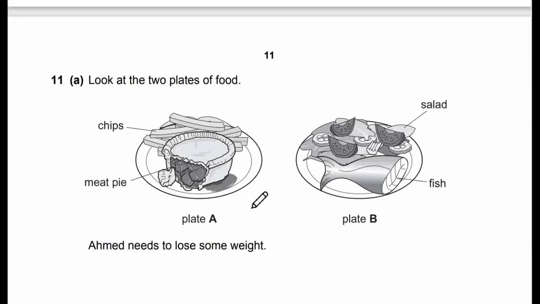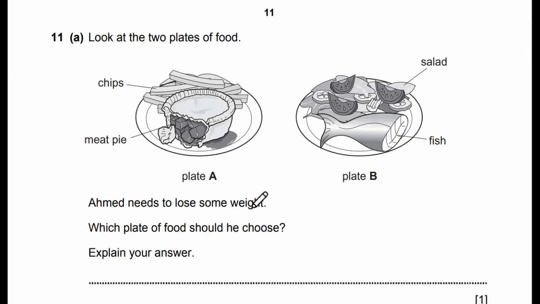Number 11. Look at the 2 plates of food. Plate A: chips, meat pie, looks yum yum. And plate B: salad, healthy, and fish, also quite healthy. Ahmed needs to lose some weight. Which plate of food should he choose? Of course, the healthy food, as we know, is salad and fish.